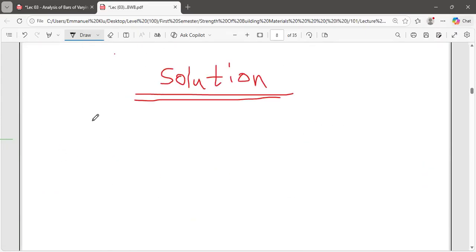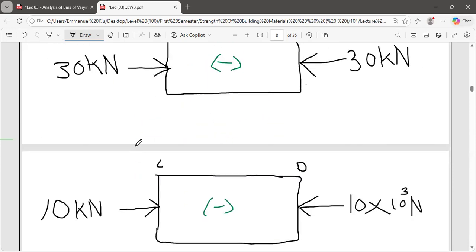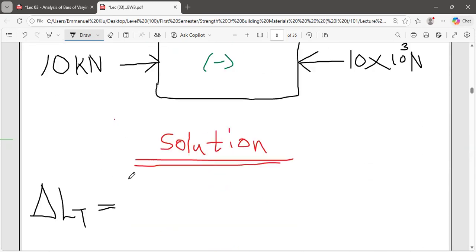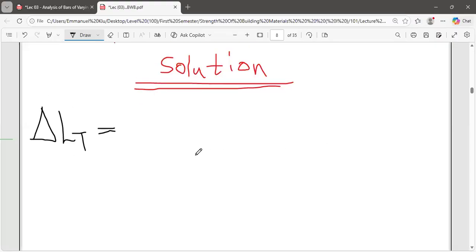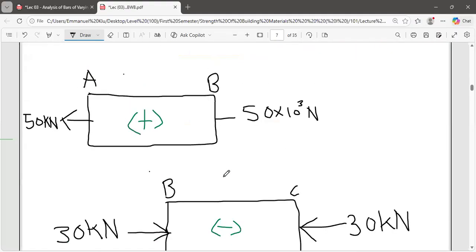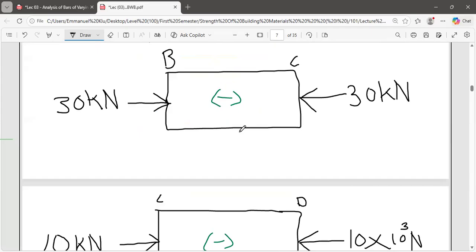So our solution, they say we should calculate our total change in length. But we know the formula of the total change in length is given as this. In this case, look at the first, AB. That is the change in length of AB, plus change in length of BC, plus that. But in this case, AB is in tension, and the rest are in compression.